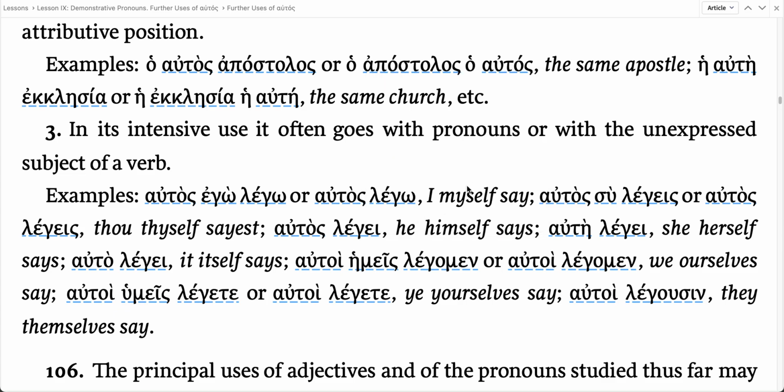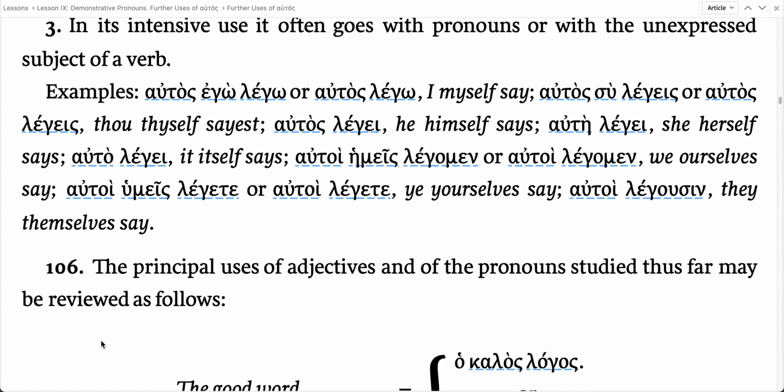And it's translated I myself, or he himself, she herself, it itself, or we ourselves, you yourselves, plural, or they themselves. So it depends on what person and number it is, but if you see autos connected to a verb, these are other uses of that.